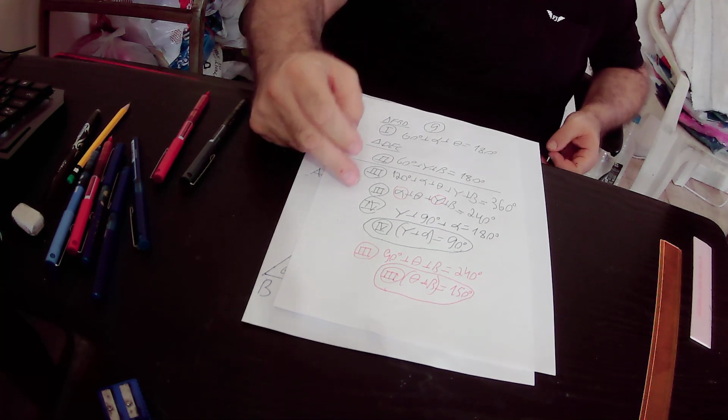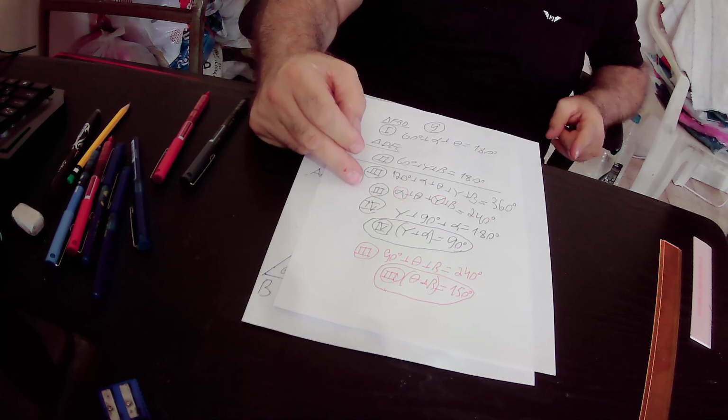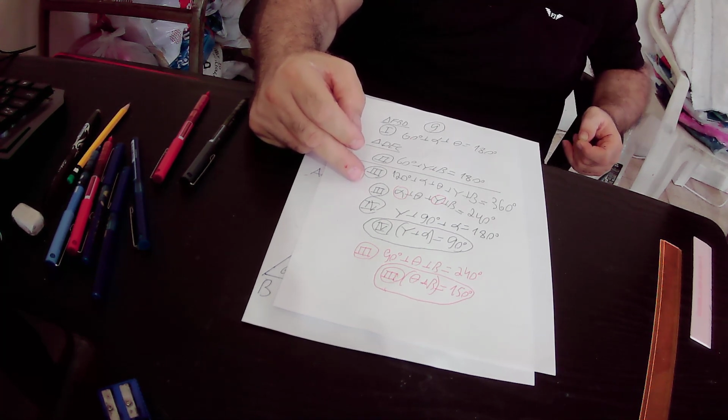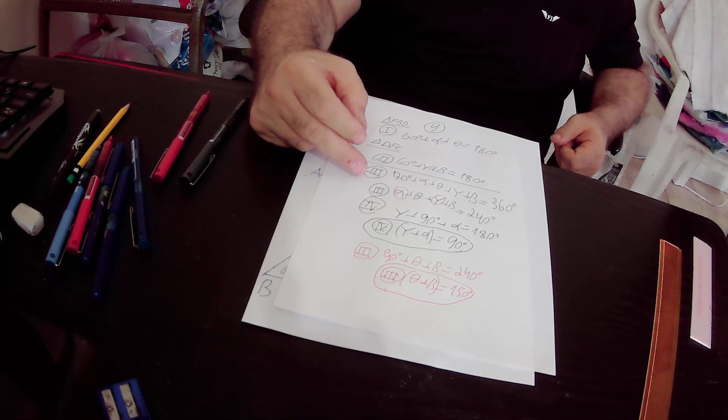Then we created equation number 4, which states that at a specific point along a straight line segment, the sum of the angles on the upper side equals 180 degrees.